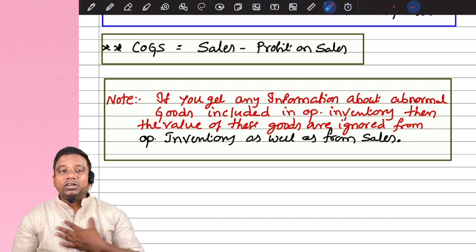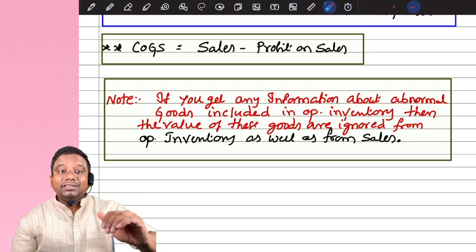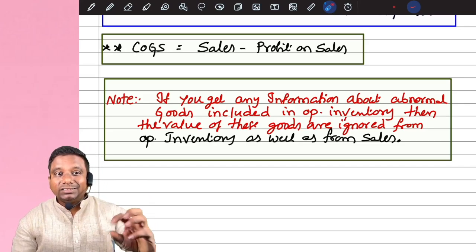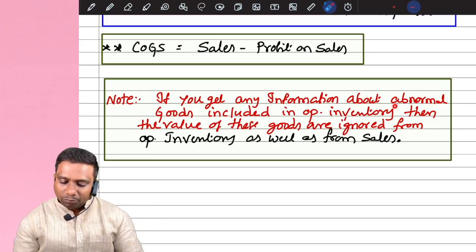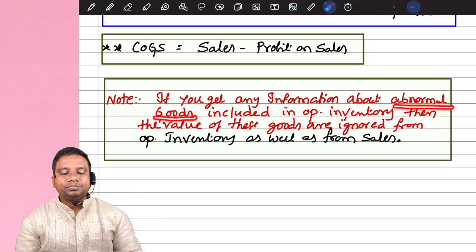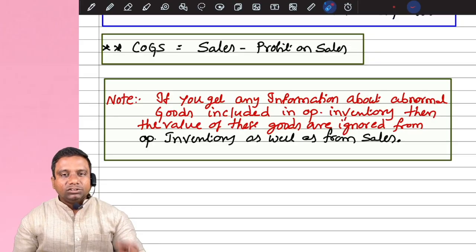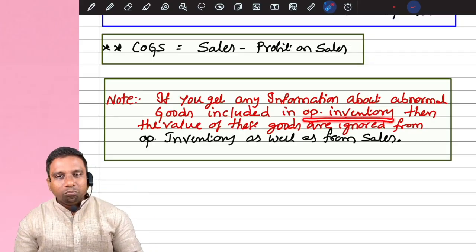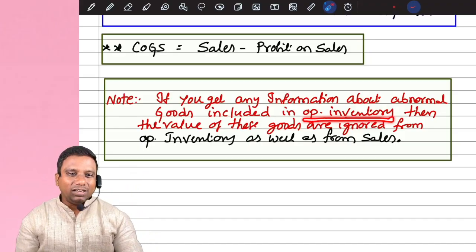In that case, we value those inventory at less than the cost price, and those inventories are called abnormal goods. When you get any information about abnormal goods in the problem, then generally this abnormal goods is included in the opening inventory. Means previous year closing inventory is nothing but current year opening inventory.